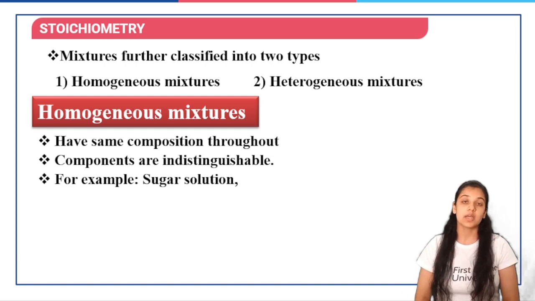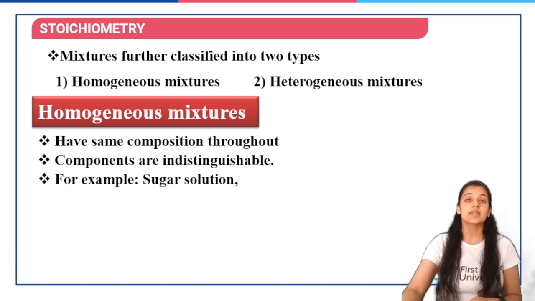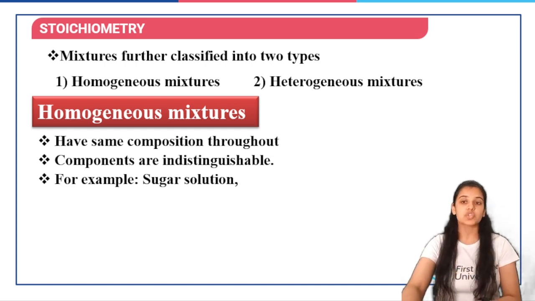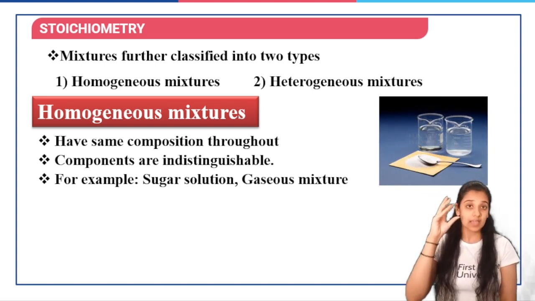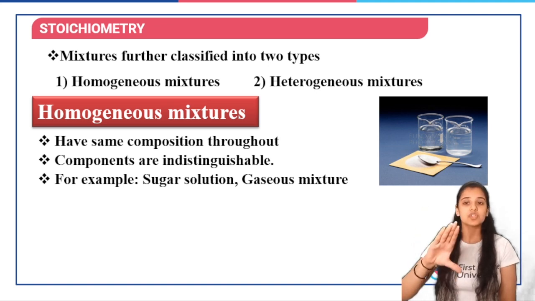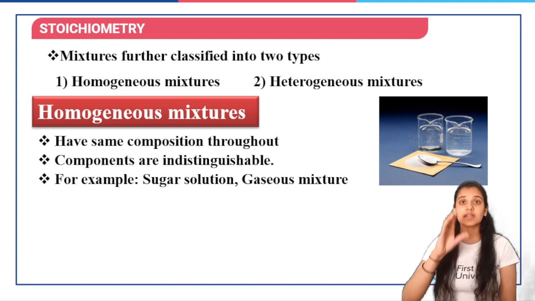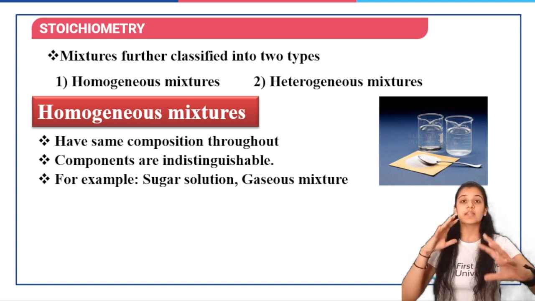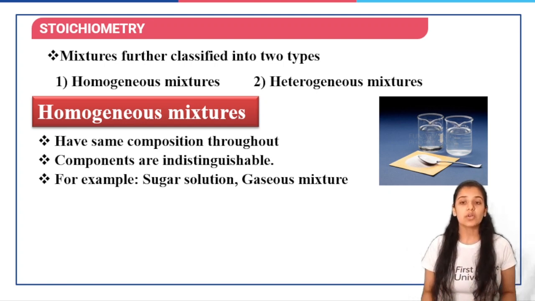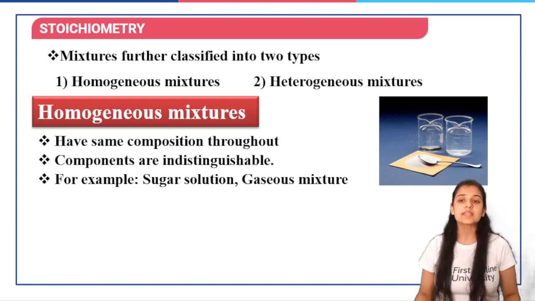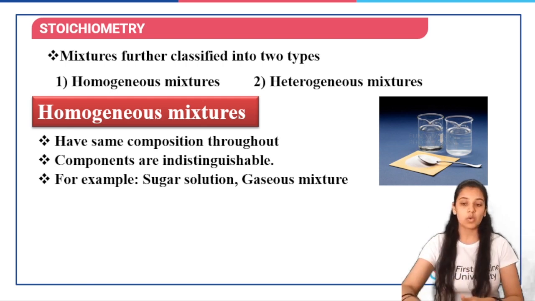No, you cannot, because it's a homogeneous mixture. It has the same composition throughout. Then a gaseous mixture, like air present in, say, a glass container. Can you say that it has different components? No, we cannot, because gases gel so well with each other that we cannot distinguish between the separate components.